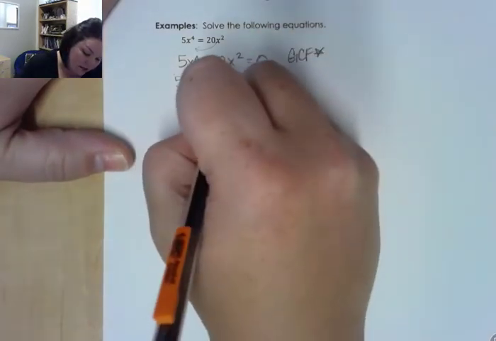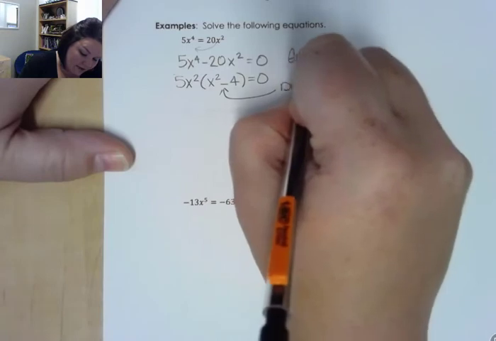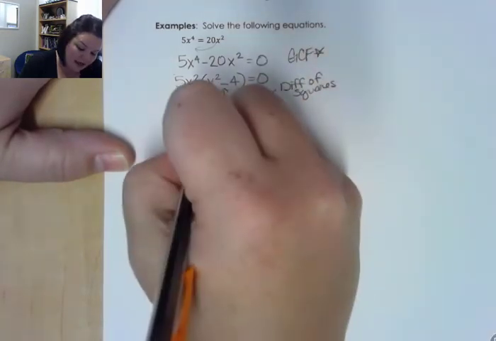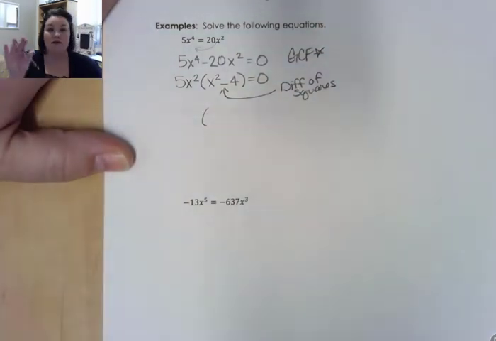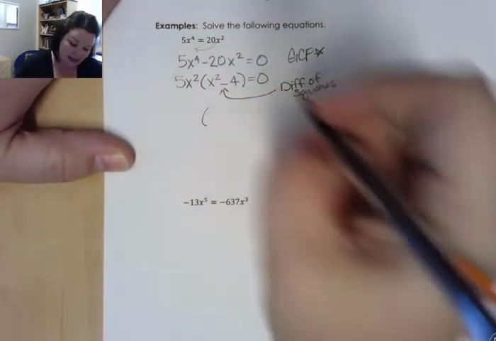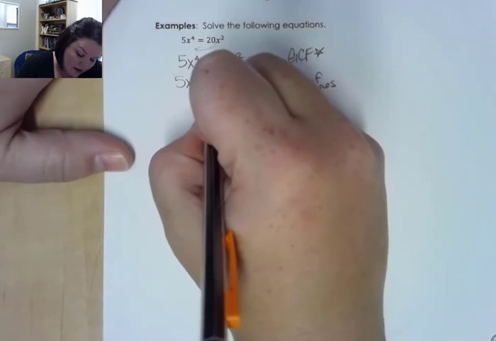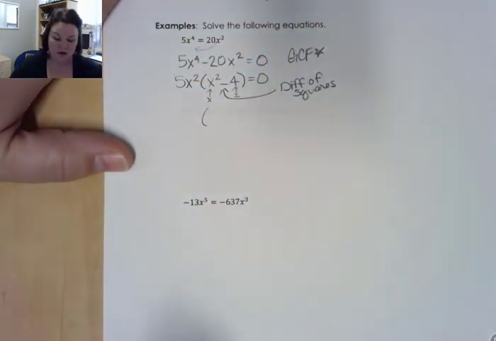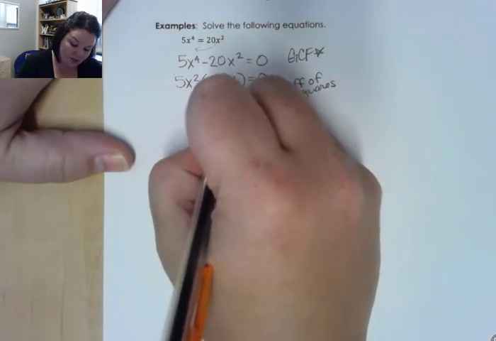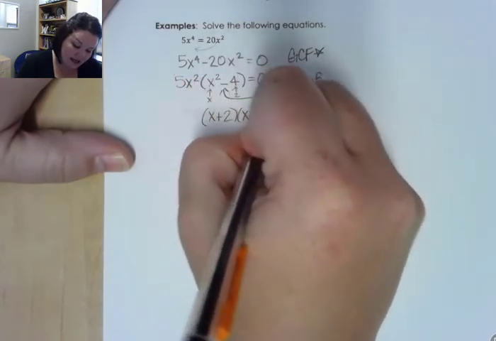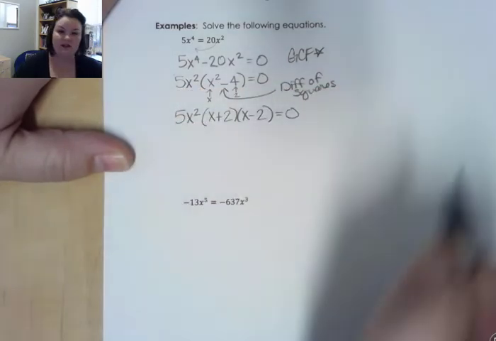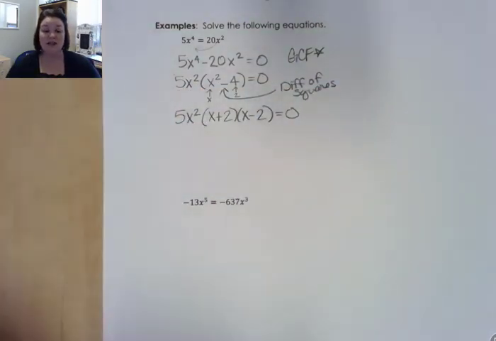So I'm going to put a note here. This is now a difference of squares, and we know that it factors into the first base plus or minus the second. My base being squared here is an x, my base being squared here is a 2, so this should factor into x plus 2 times x minus 2. And I just bring down my greatest common factor, set it equal to 0.